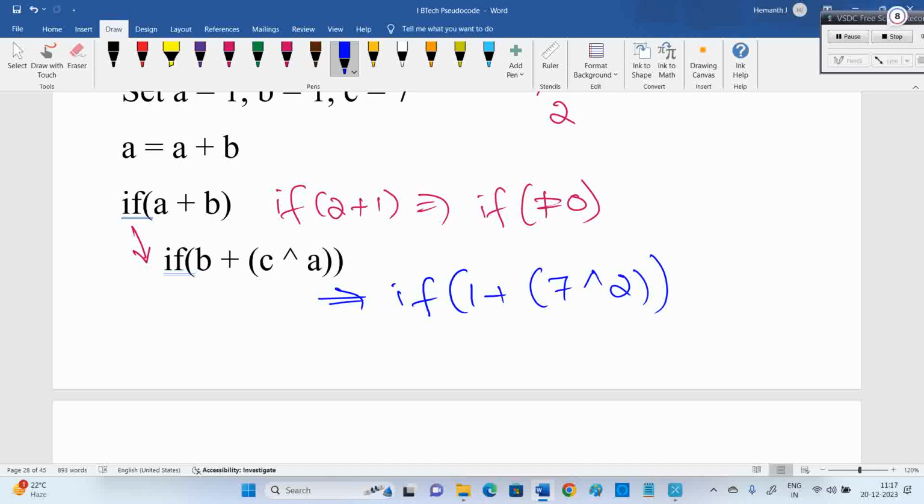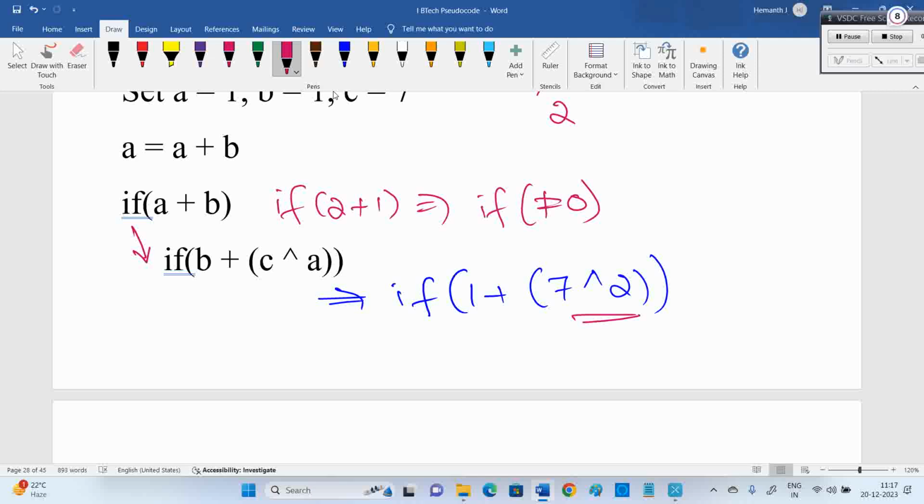When you do the XOR operation for any positive numbers, you don't get negative. So 1 plus anything is not equal to 0. Without doing this, these are the tricks you need to use. Sir, I know XOR, I'll do XOR. Waste of time, dear. 1 plus something, 1 is there. If it is not equal to 0 inside that if, we can enter.